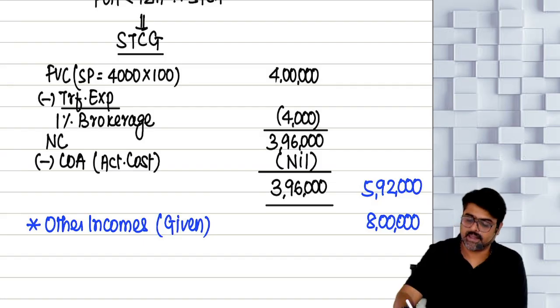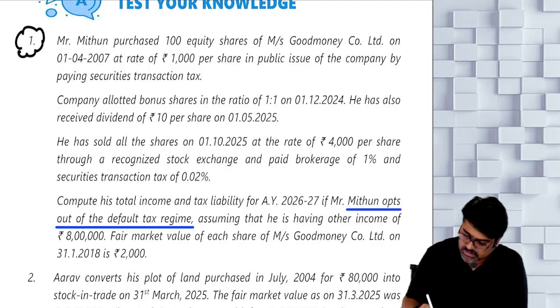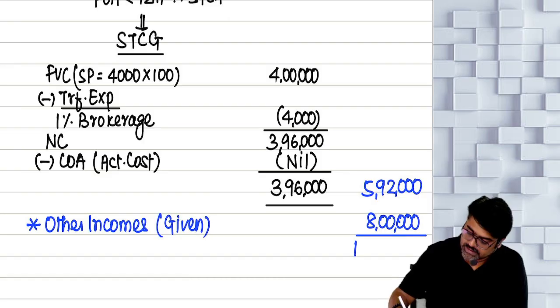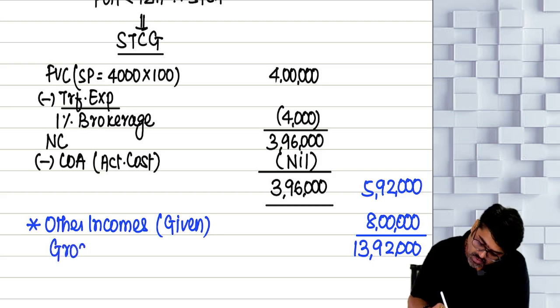What the question is saying is that the assessee Mithun opts out of the default tax regime. Meaning for him, normal tax rates are applicable. Yes or no? So now can you calculate the GTI? 13,92,000. This is your gross total income.